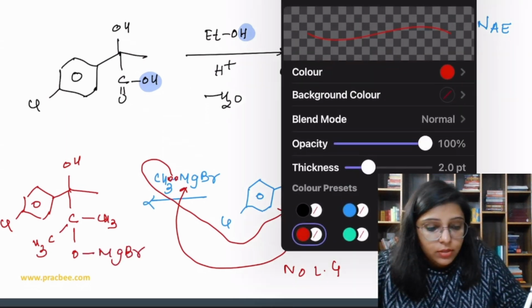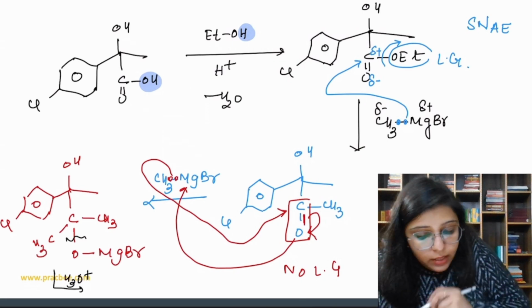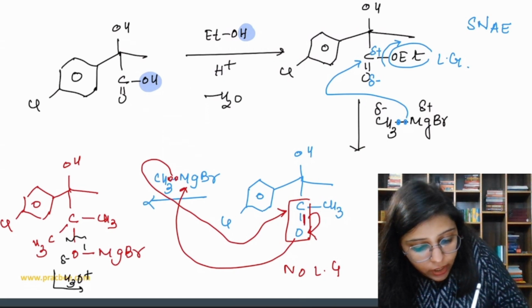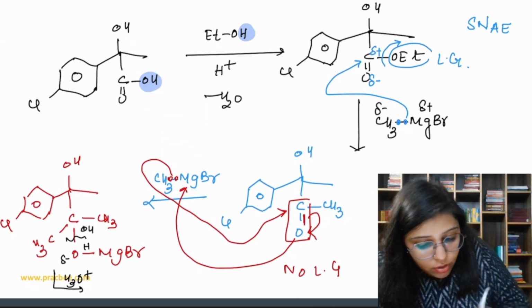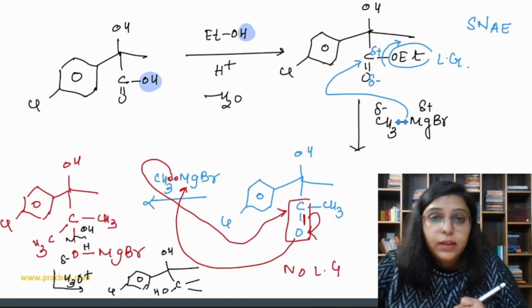Now on hydrolysis, we have to break this bond. So delta negative, so here we put H and here we put OH. So we get Cl, OH, this, C, CH3, and then OH. Clear or not?